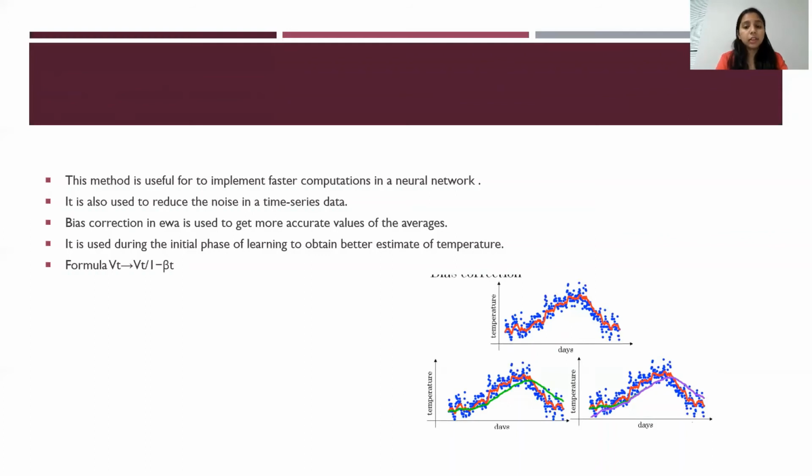And the purple curve and the green curve are almost the same except the initial values. So during the initial phase of the training, there is always a huge variation in the data points. So to streamline that part of the training process, bias correction is used.